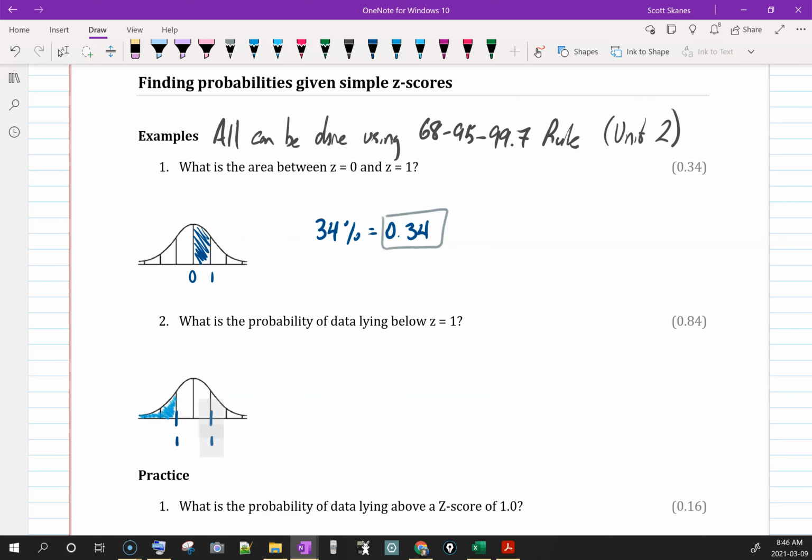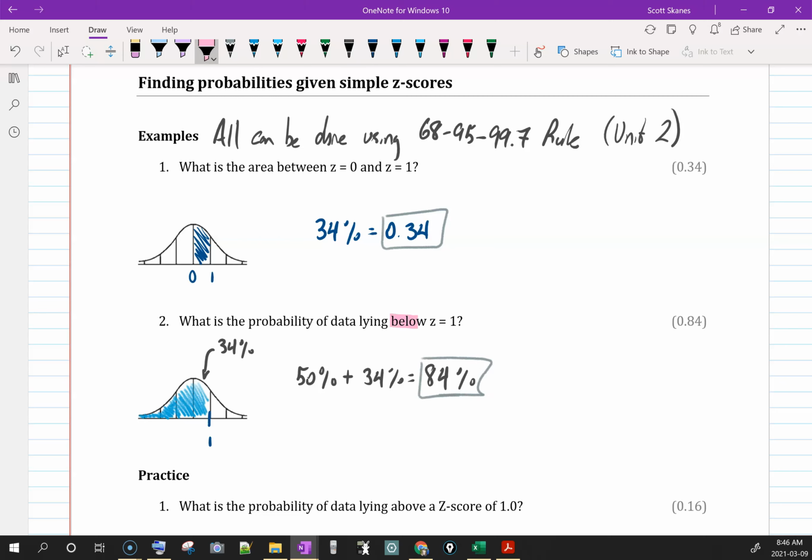Don't make that mistake. That's z equals 1 right there. So what's the probability of anything lying below that? From our Unit 2 rules, you should remember that half the curve is 50%, and then this little bit here is 34% because it's half of 68. So 50% along with our 34%, that's 84% of our data lying below that point.